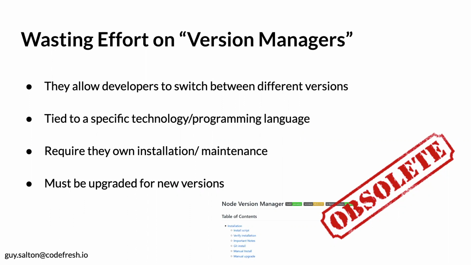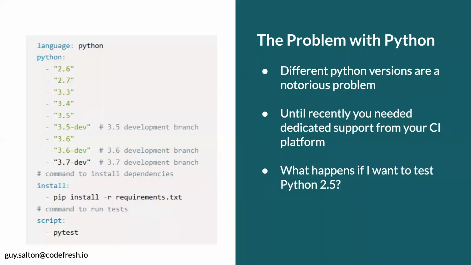And it's just additional software that is there to solve a problem that shouldn't have existed in the first place. And so it just adds more maintenance and more work for you to do. And again, I mentioned Python. Python is one of the classic examples, because a lot of users are still using older versions of Python, like Python 2.7 or 2.5, but there are also newer versions that were introduced.